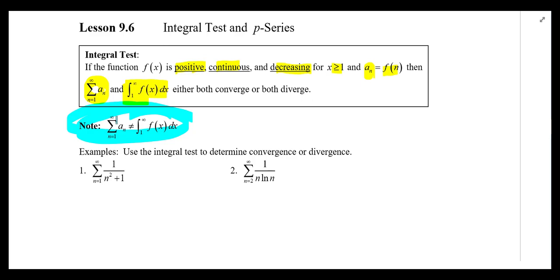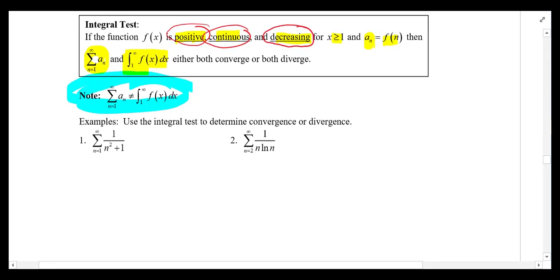Also, if they ask you for the required conditions, you need to state these three things: positive, continuous, and decreasing. Those are the three conditions. So let's try these out.